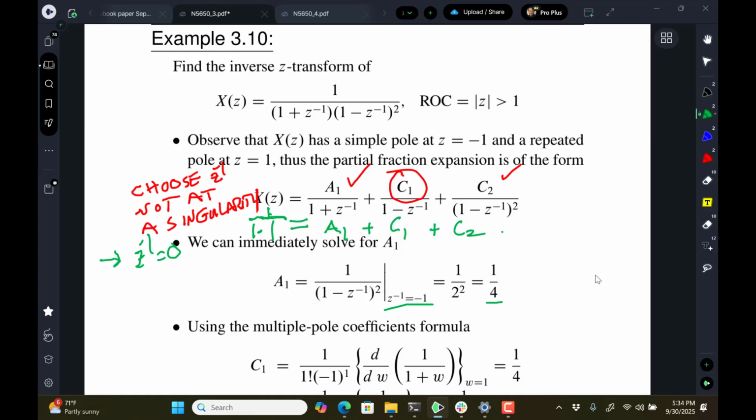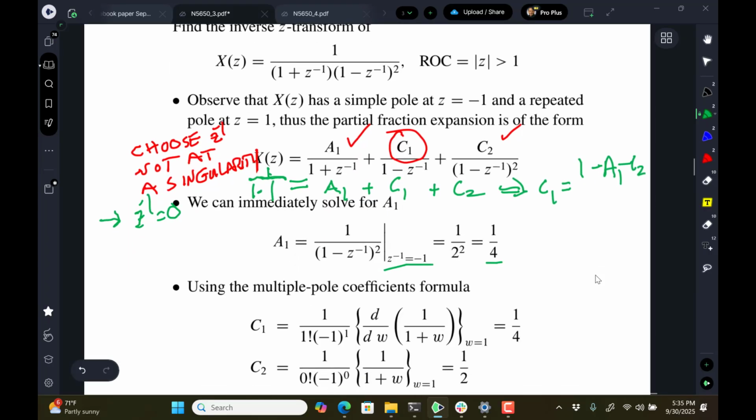So from that, I can find C1 as being equal to 1 minus A1 minus C2. I didn't have to set that up for a fraction, but I could. I'm just going to divide by 1, because there's no constant times C1 in this case. It's just 1.